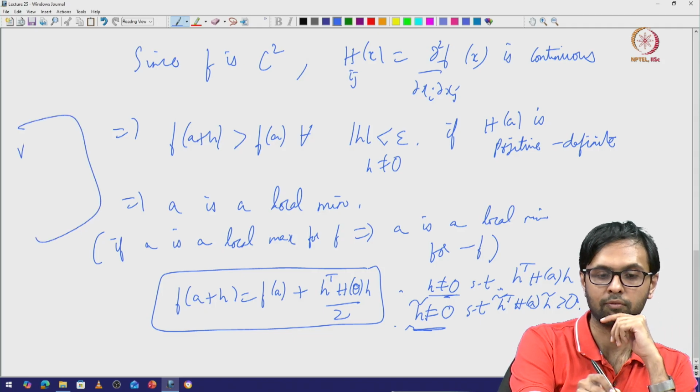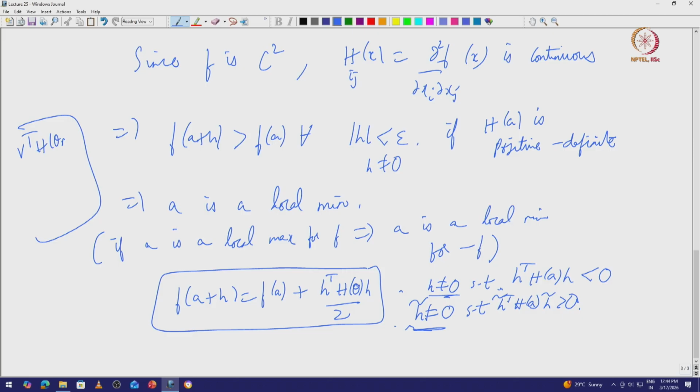If we assume that v transpose h of theta n v is positive for all non-zero v, for all n, then by continuity v transpose h of a v is greater than or equal to 0 for all v, which means f of a plus h is greater than or equal to f of a for all h.